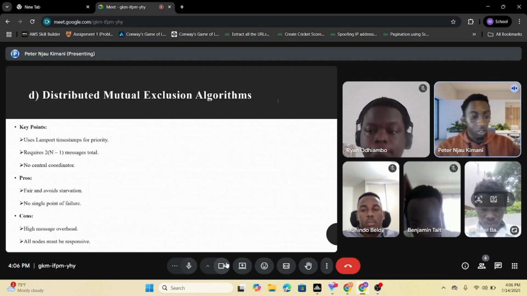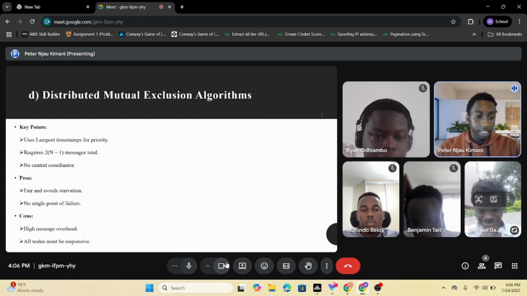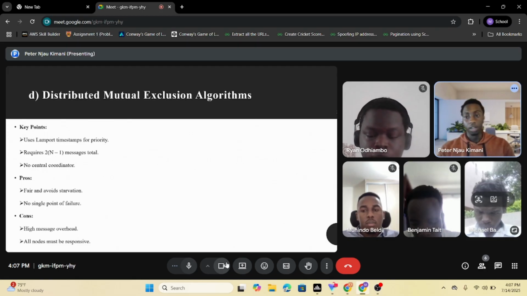Therefore, it is decentralized. As for the advantages, we can see that it is fair since all requests are honored, and there is also no starvation since every process gets a turn. Lastly, since it is decentralized, there is no single point of failure.